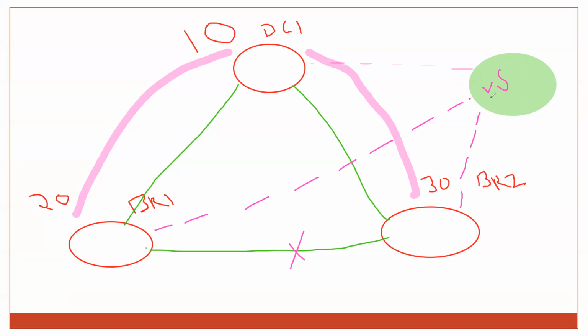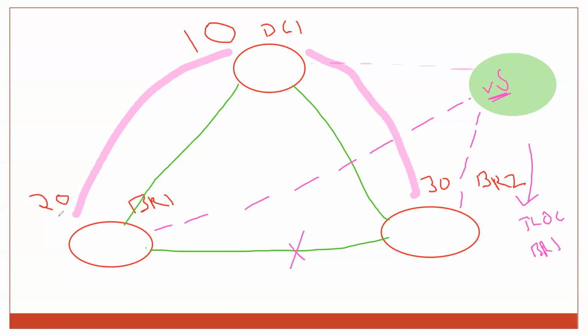In that case, you have to go to vSmart and tell vSmart, do not send the TLOC information. So this is branch 2. Do not send the TLOC information of branch 1 to this branch 2, right?